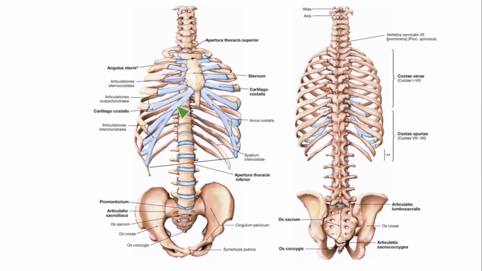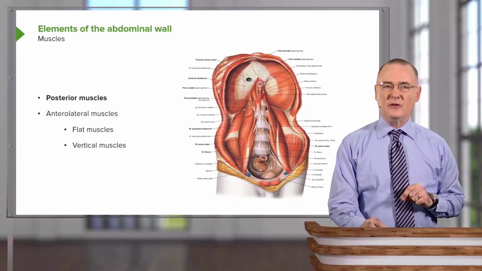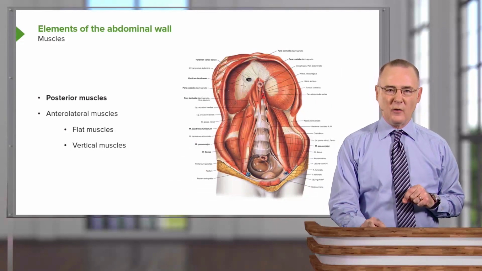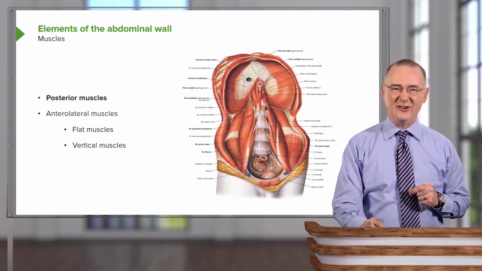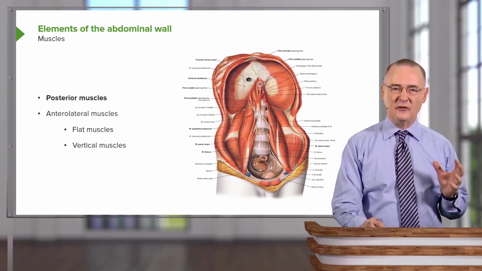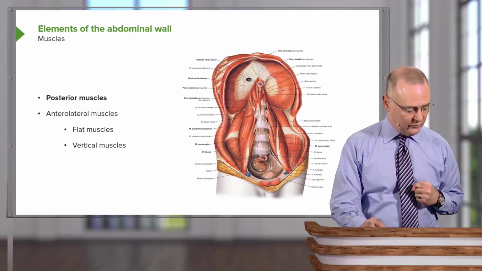We also have a gap here anteriorly and laterally down toward the pelvis. We will fill that large gap also with muscles. That then brings us to the muscle elements of the wall, where we'll have posterior muscles and we'll have anterolateral muscles arranged as flat muscles and vertical muscles.